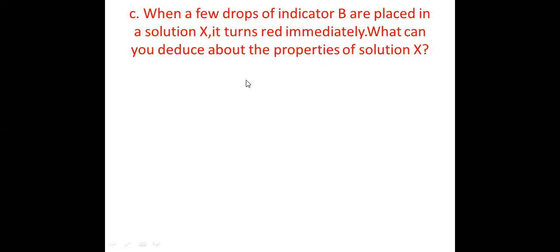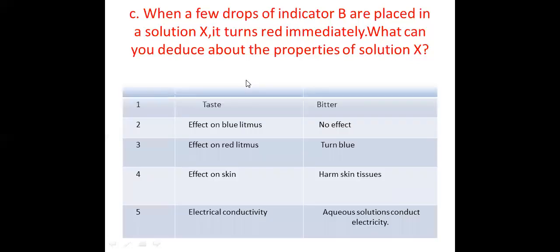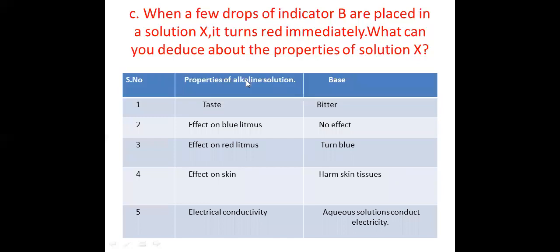We can say that the solution is basic in nature because indicator B is red in alkaline medium. The properties of a base, or a solution which is basic or alkaline in nature: the taste of an alkaline solution is bitter.